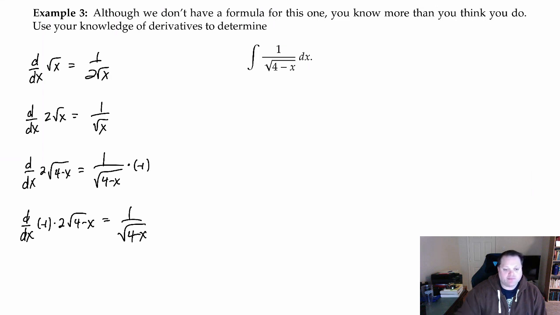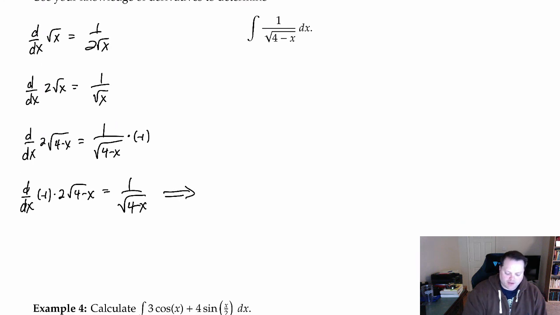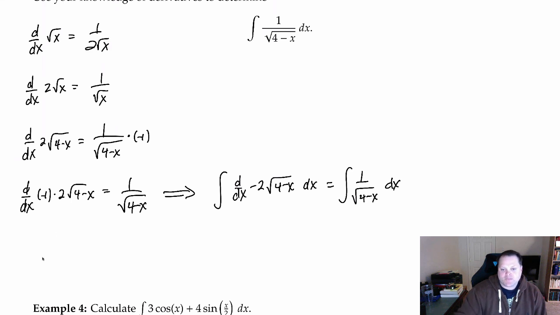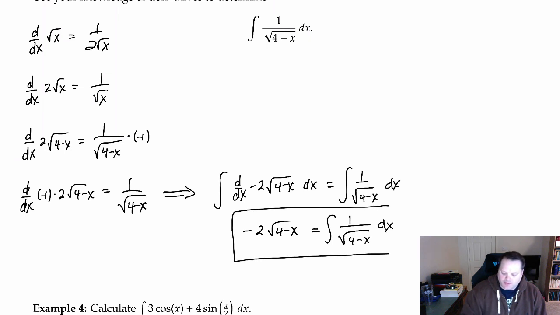And there we have it. 1 over square root of 4 minus x is the derivative that results from taking the derivative of this function. So if you take the antiderivative of both sides, the antiderivative of the derivative, those cancel. Which tells me that this is the result that we want.